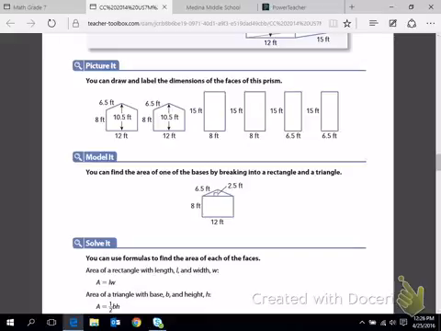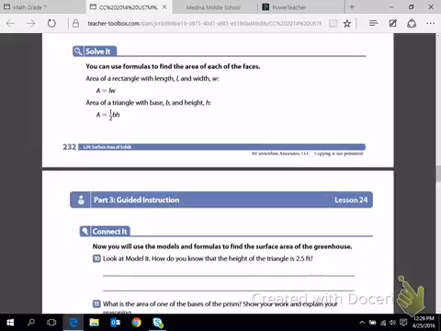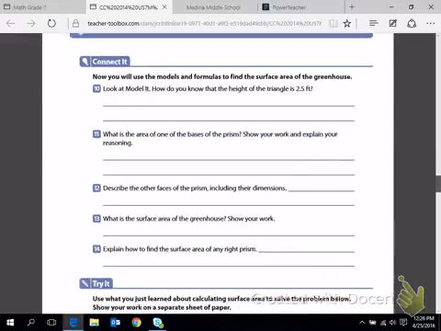So that means that we can solve it with the area formulas for a rectangle, which is length times width, and the area formula for a triangle, which is 1/2 base times height, or we typically use base times height divided by 2. So now we're going to make some connections and go through and find the surface area of this greenhouse.